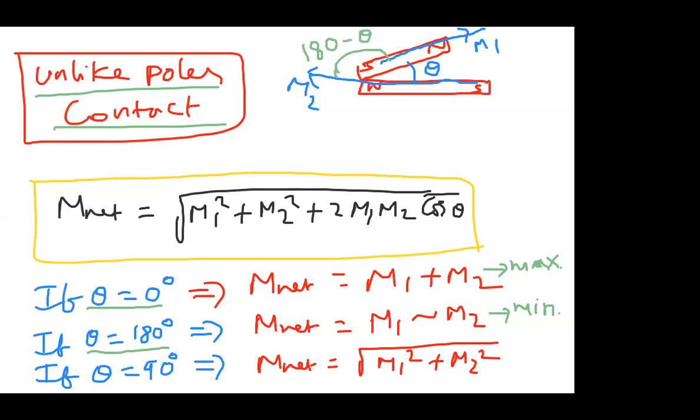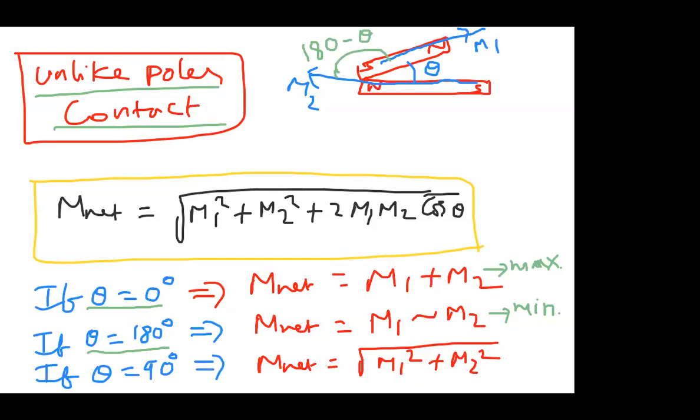So net magnetic moment here: the angle between the two magnets is not theta. When unlike poles contact, the angle between the two magnetic moments is 180 minus theta.